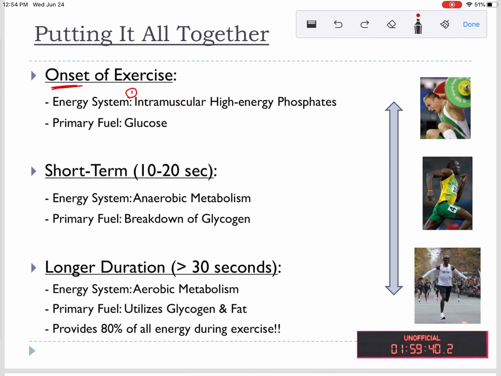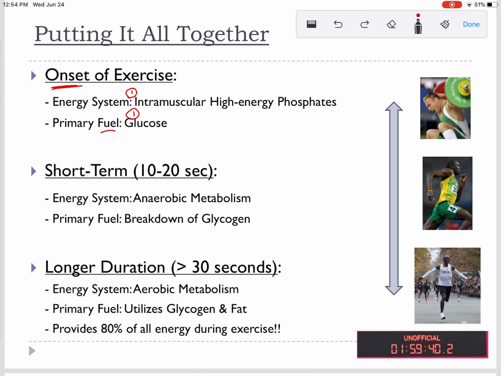Because we always go to this one first. We're going to be utilizing intramuscular high energy phosphate. And what's our fuel going to be? Because we always go to glucose first. So if someone's doing a 5-second Olympic weight-lift, they may only need the intramuscular high energy phosphate and then only need to use glucose.